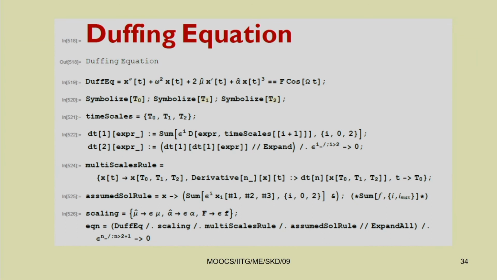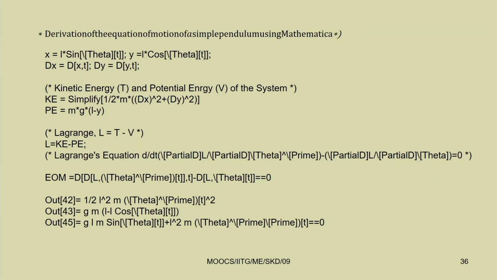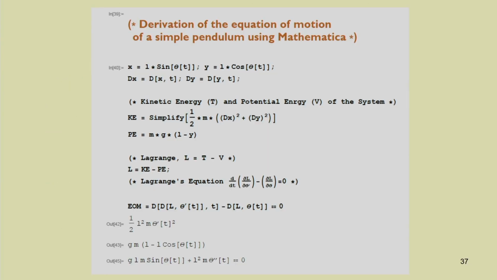Similarly, by using Mathematica also, this is the code written by using Mathematica. So, you can see this code. You can collect the coefficients of the order of epsilon and then you can find the respective equations. For a simple pendulum also similar code is written, for derivation of the equation of motion.